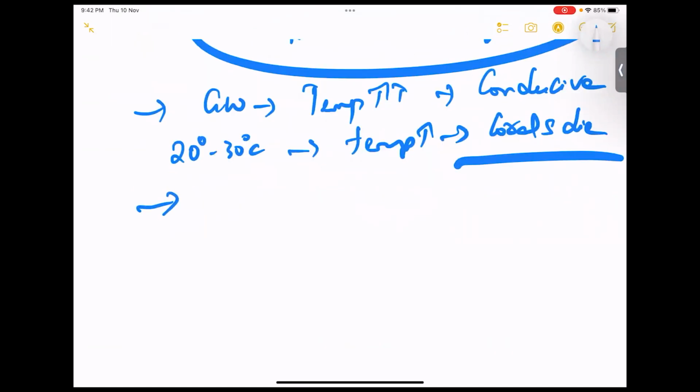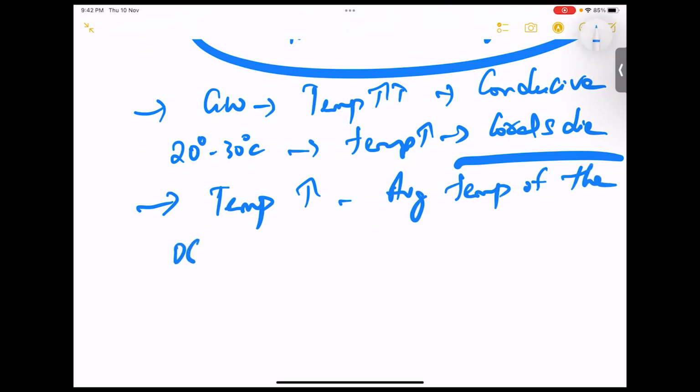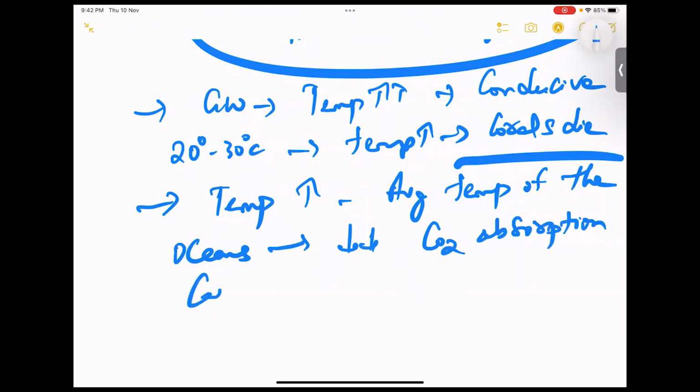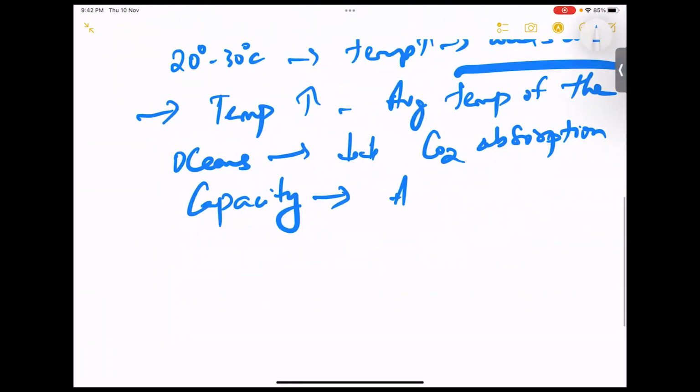Global warming is increasing the average temperature of the oceans, and this is reducing the CO2 absorption capacity. And this is impacting the algae and thereby directly impacting the corals.